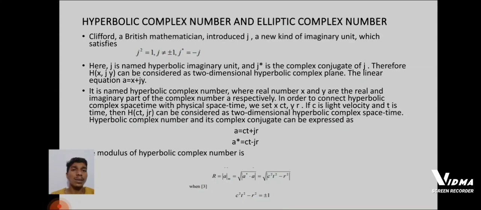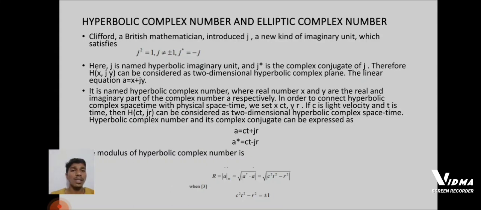The linear expression A equals x plus jy is named a hyperbolic complex number, where x and y are real numbers. In order to connect the hyperbolic complex space-time with physical space-time, we set x equals ct and y equals r, where c is the light velocity and t is time.